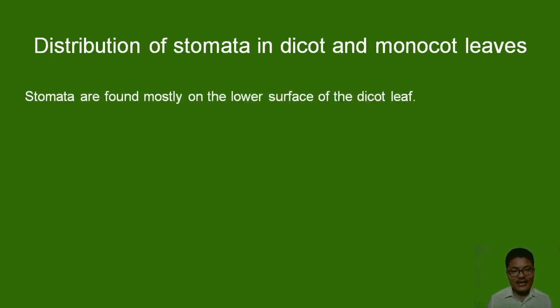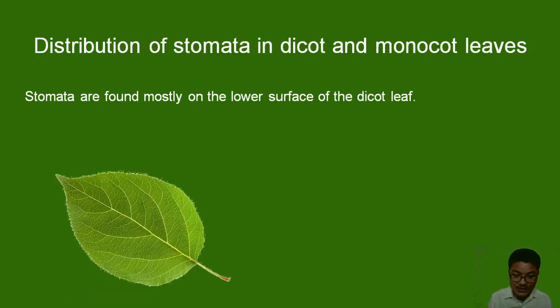Now let's see the distribution of stomata in dicot and monocot leaves. In dicot leaves, more stomata are present on the lower surface of the leaf, or there is no presence of stomata on the upper surface of the leaf. So this is the upper surface of the leaves of a dicot plant. There is none, or in some cases very few stomata on the upper surface of the leaf.